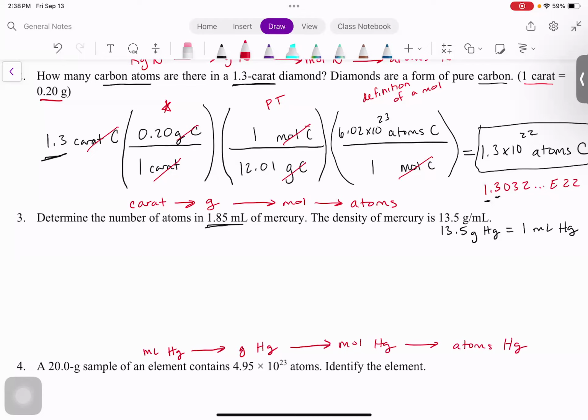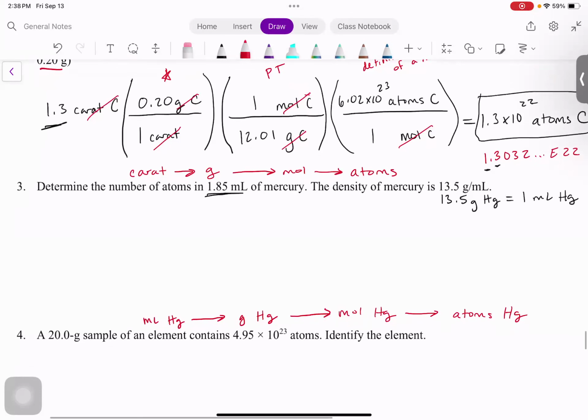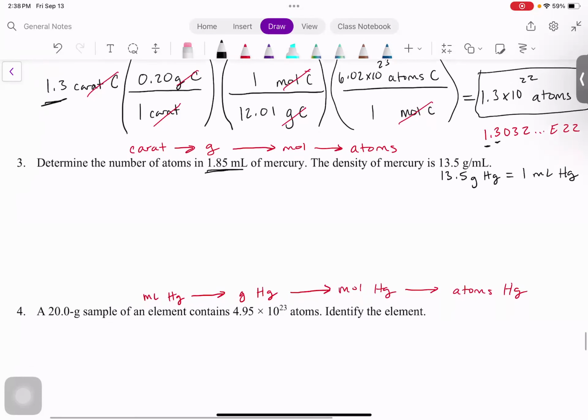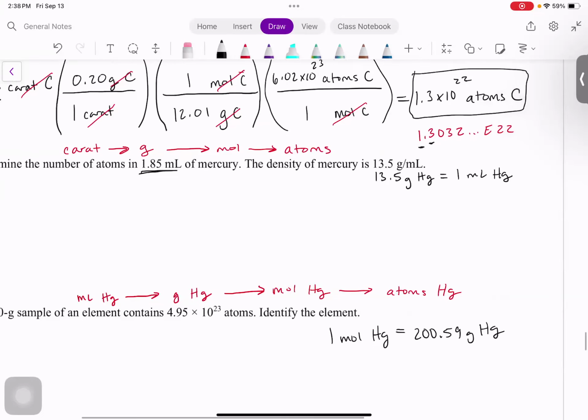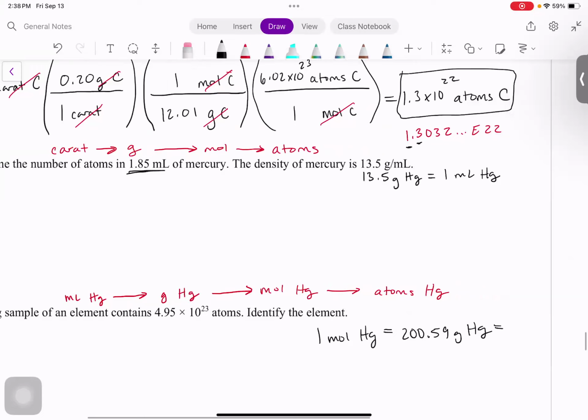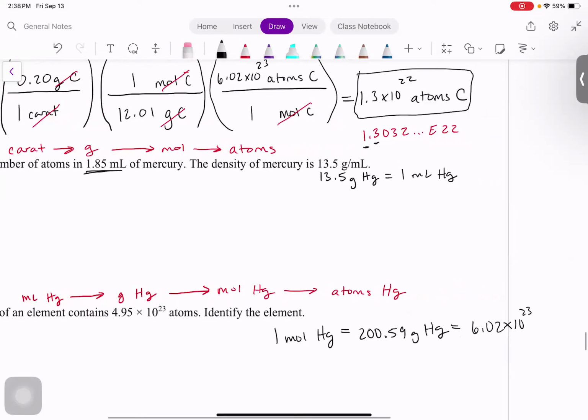Just filling in my values here from the periodic table, 1 mole of mercury has a molar mass of, let's take a look, mercury Hg, element number 80, 200.59 grams of mercury. And this is also by definition equal to 6.02 times 10 to the 23rd atoms of mercury.